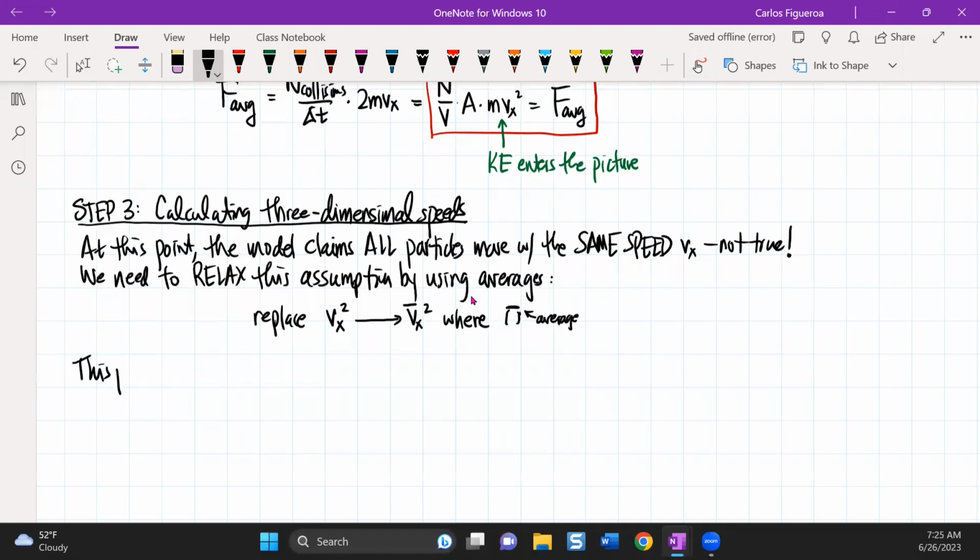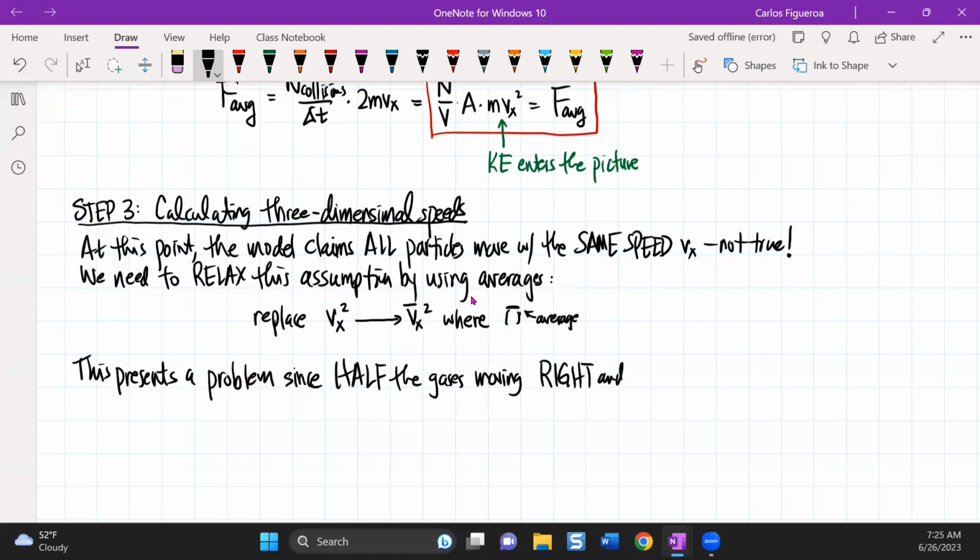This presents a problem. Since half the gases move right and left simultaneously.